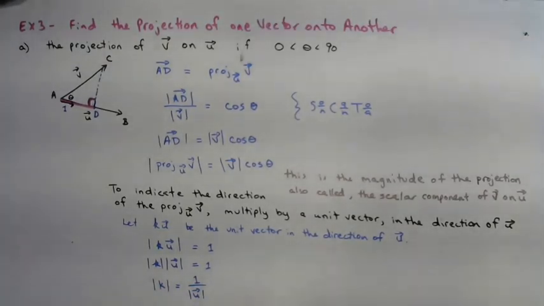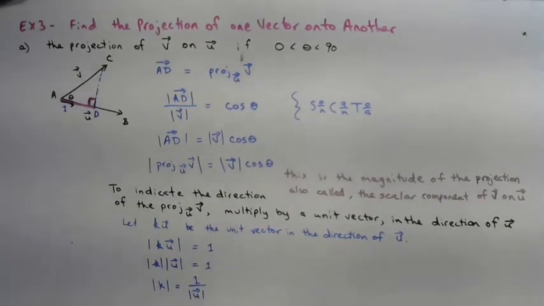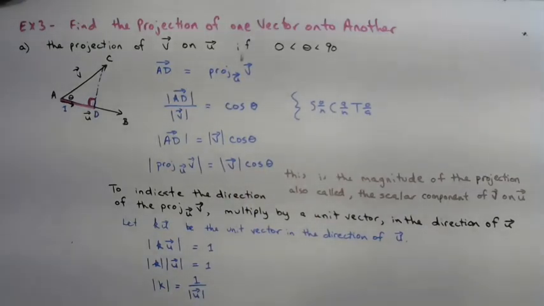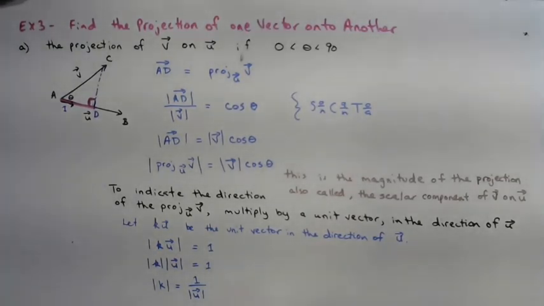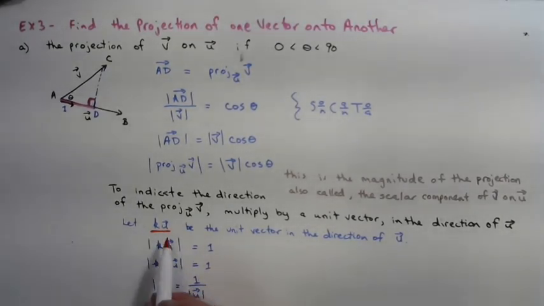So here's what we're going to do. Now we have the magnitude of this vector, and we have the direction of the vector, ku. So the unit vector in the direction of U is ku.